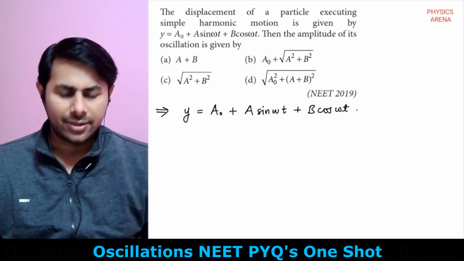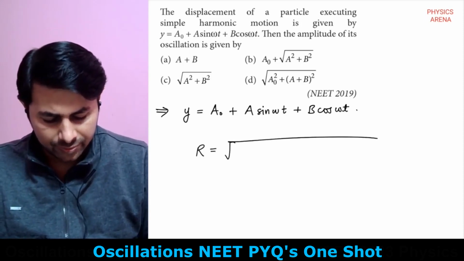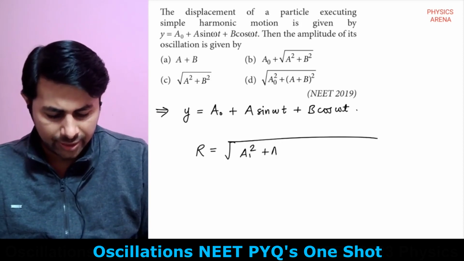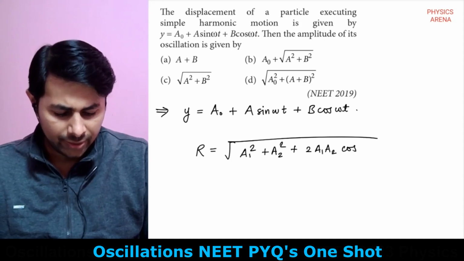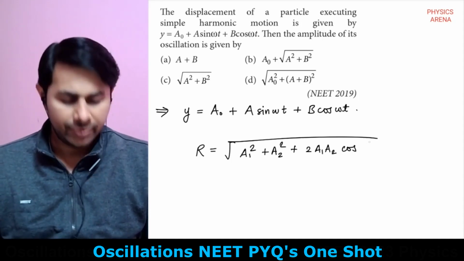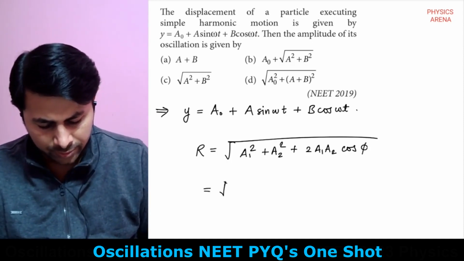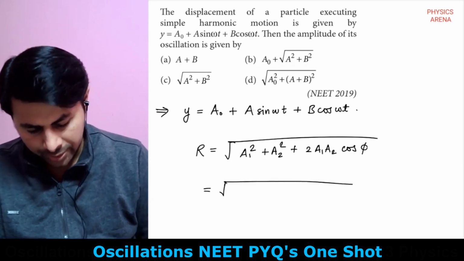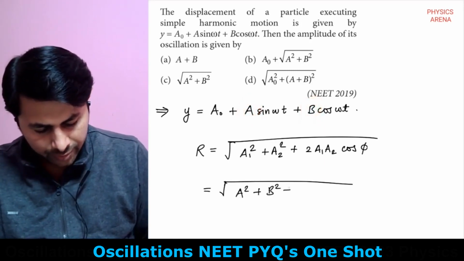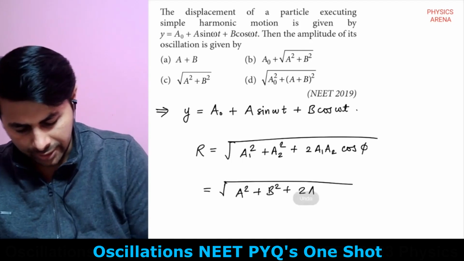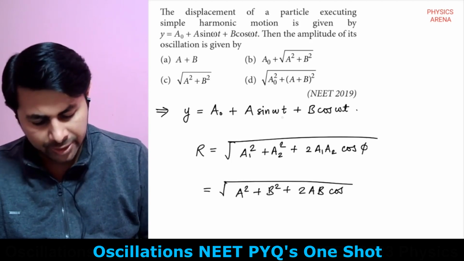Okay, option C, right? So amplitude is given by R equals the square root of a1 square plus a2 square plus 2 times a1 a2 multiplied by cos of the phase difference between the two. So that is the square root of a square plus b square plus 2 times a times b multiplied by cos of the phase difference between these two.